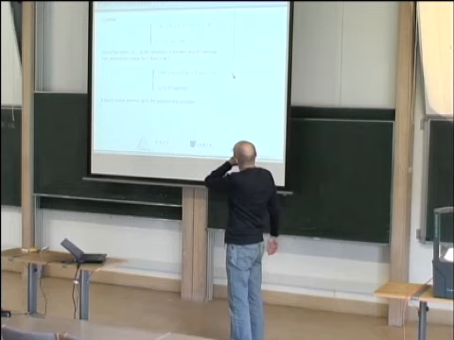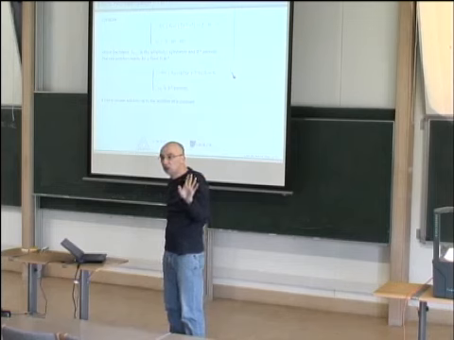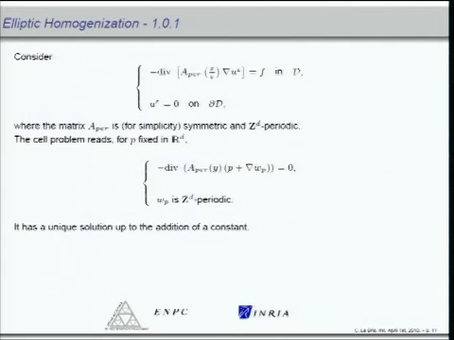So just in case someone in the room is not completely familiar with periodic homogenization, a 2-slide crash course on that, because I will need this for the next 2 slides. Okay?